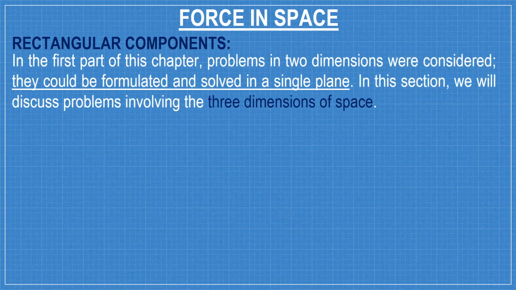In the first part of this chapter, problems in two dimensions were considered. They could be formulated and solved in a single plane. In this section, we will discuss problems involving the three dimensions of space.